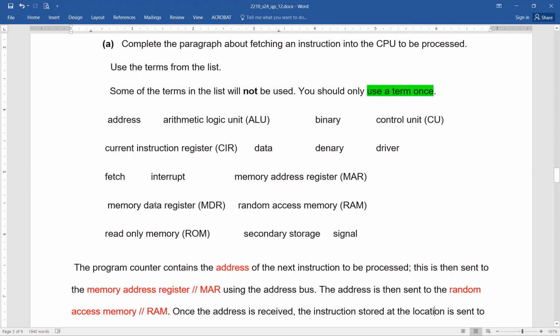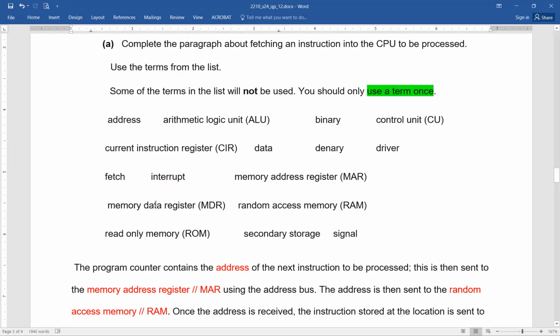Okay. It is then sent to the dash using the address bus. So where is it being sent next? I hope that you can recall the fetch execute cycle, and then that data will be sent to MAR. So if a student has written MAR, that will also be treated as a right answer. The address is then sent to the dash, to the random access memory or RAM.